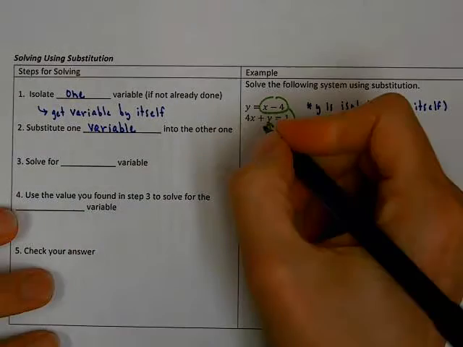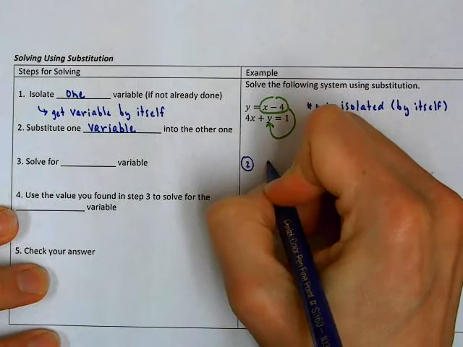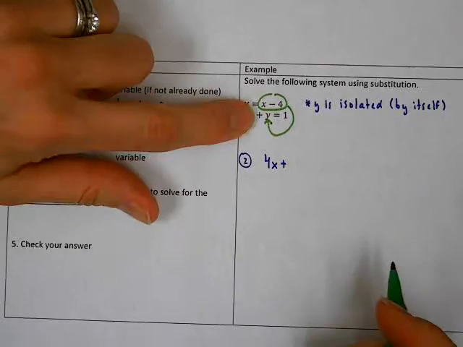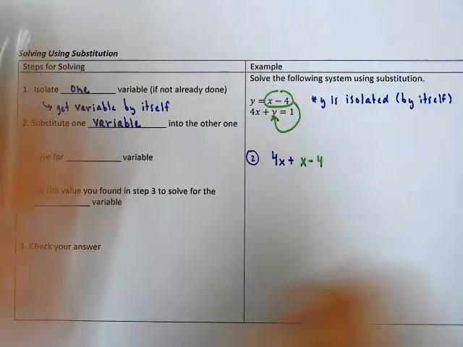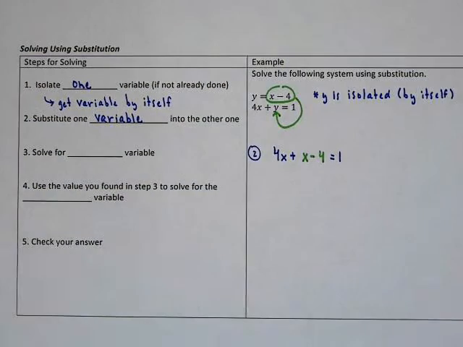In step 2, we're going to take 4x plus, in this case, y, which we know is equal to x minus 4. So that gets replaced, and then we have equal to 1.